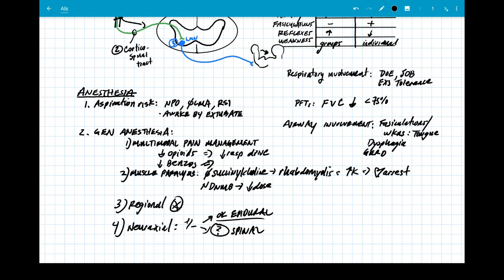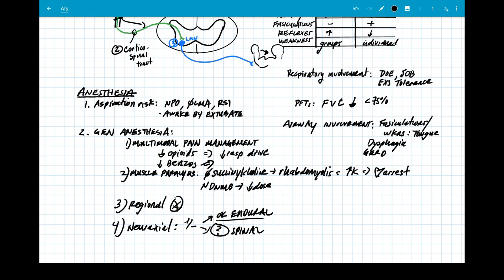And then as far as anesthesia, they are definitely an aspiration risk. They should be strictly adhered to the NPO guidelines, and I would make sure they are completely awake before extubating them. If you are doing general anesthesia, I would use a multimodal pain management and avoid benzos and opioids.